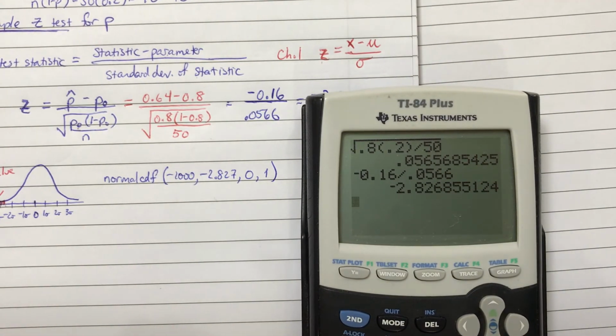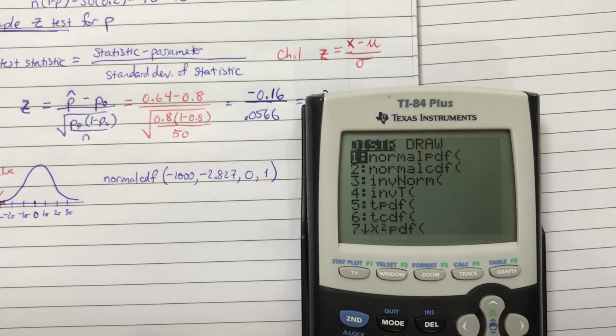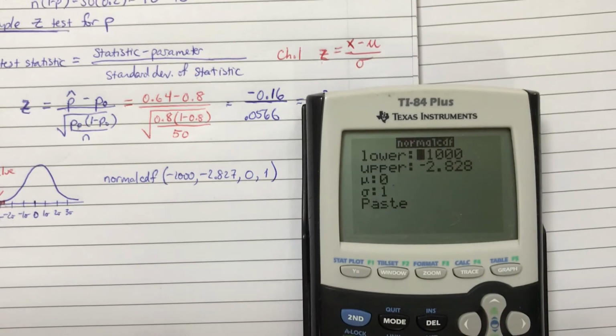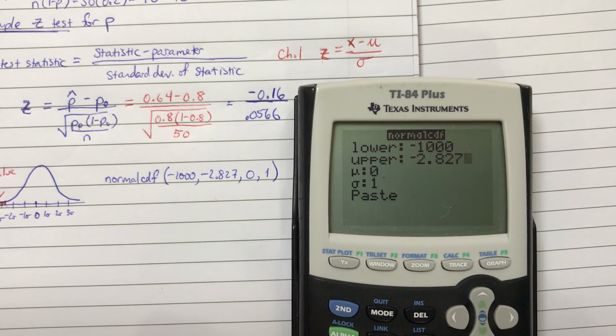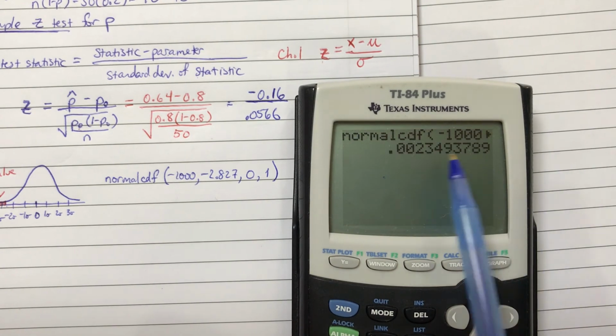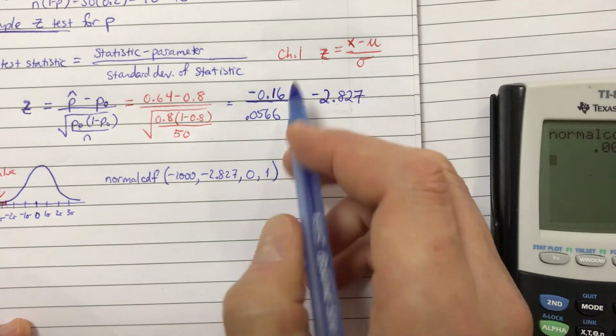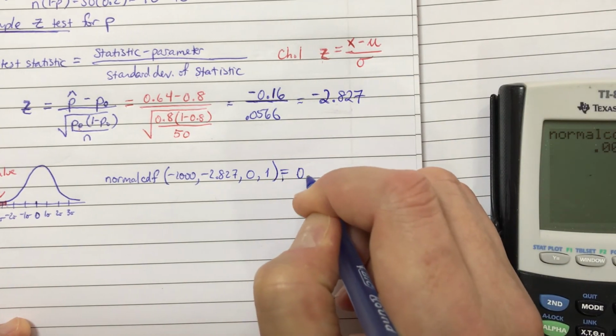So if I go through that and we do normal CDF, negative 1,000, negative 2.827, calculate, we get 0.0023. Very low probability.